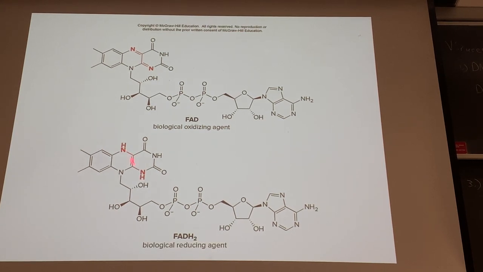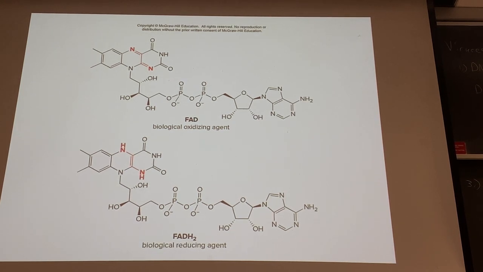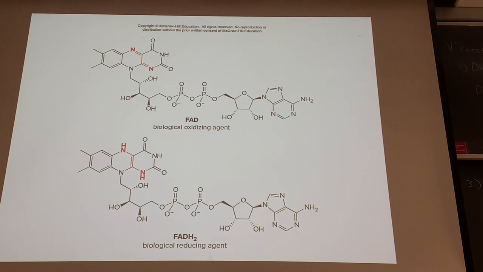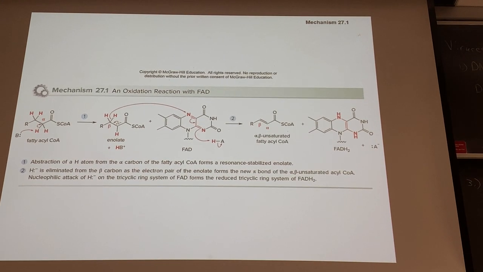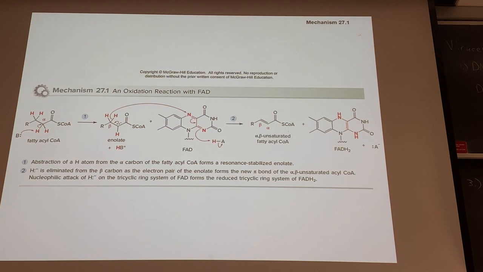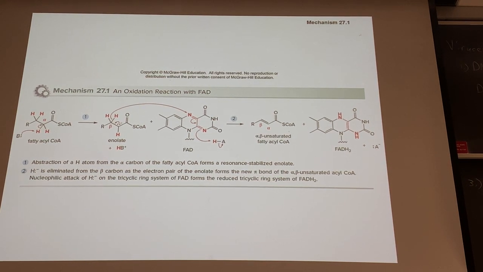That's how we can tell this is the reduced form. This is the oxidized form with fewer hydrogens and more pi bonds. Okay, so how do FAD and FADH2 work? Well, we're going to focus on FAD because we're going to see it performing an oxidation in the fatty acid beta oxidation pathway that we're going to talk about momentarily.